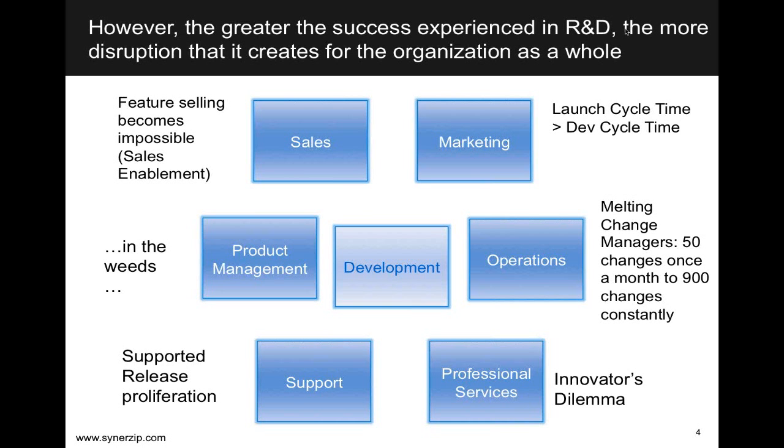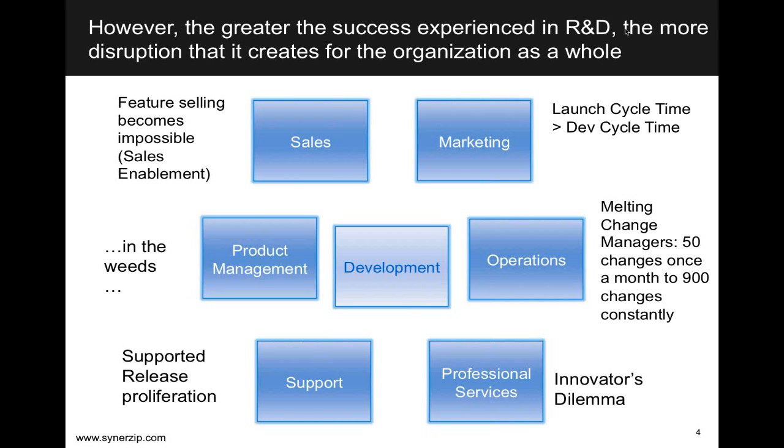So in marketing, some of the challenges that we've seen is that very quickly the launch cycle time, in other words, how long it takes marketing to go from I've got a collection of features to I've got the PR engine in place, the collateral in place, the campaigns executed, and able to garner some success from it is actually longer.